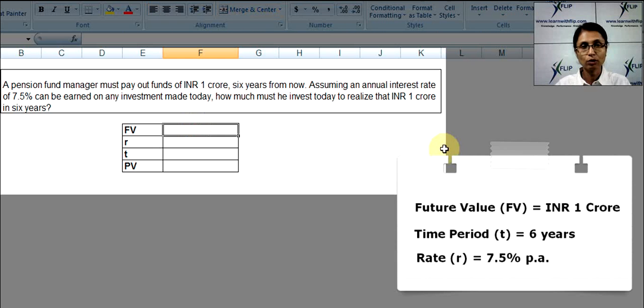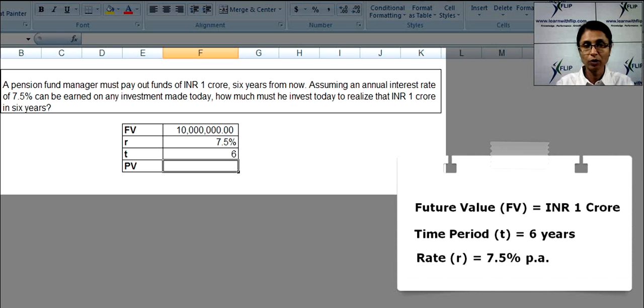So let's use this little table. We have 1 crore, which is 100 lakhs. What is R? It is 7.5%. I'm just formatting the cell. Then what is T? 6.